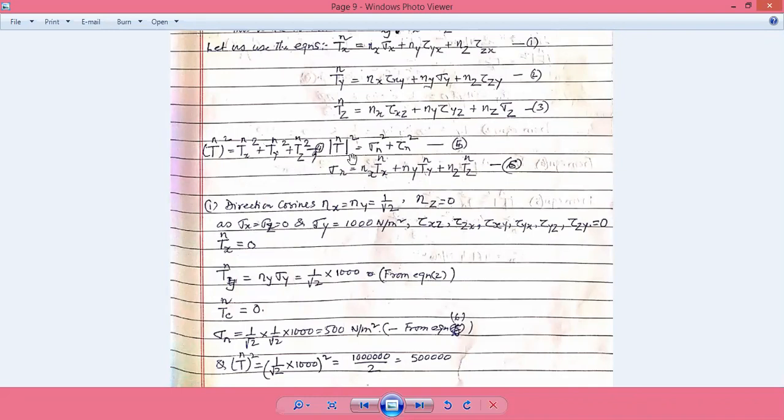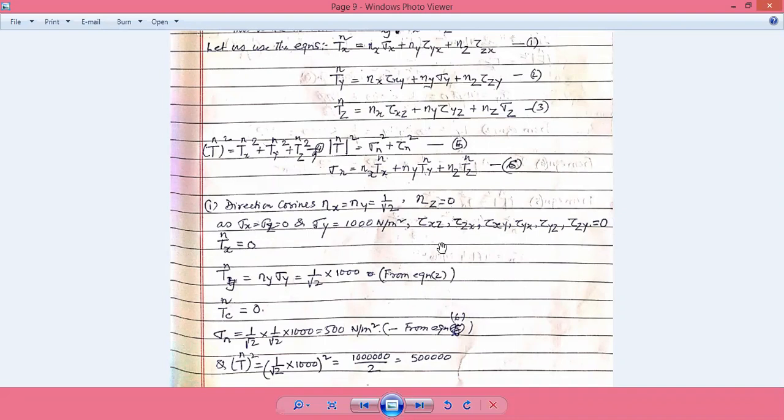And we know another equation, T squared is equal to sigma n squared plus tau n squared. Here sigma n is given as sigma x Tx, sigma y Ty, sigma z Tz. Now, the direction cosines are given as nx and ny equal to 1 by root 2, and nz is equal to 0. Sigma x and sigma z are 0, sigma y is equal to 1000 Newton per centimeter square.